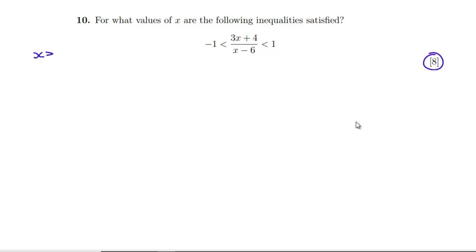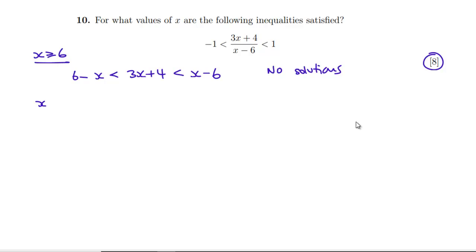So if x is greater than or equal to 6, then we've got 6 minus x less than 3x plus 4 and less than x minus 6. So what we're going to have on that, 2x has to be less than minus 10. Well, that's not going to happen for x greater than 6. So we've got no solutions there. So that's good. So hopefully we'll have something for the other lot.